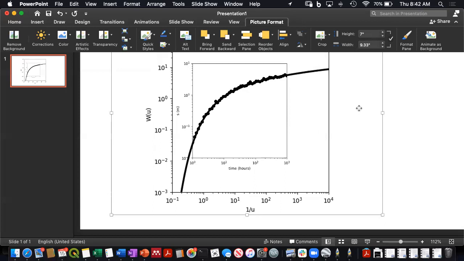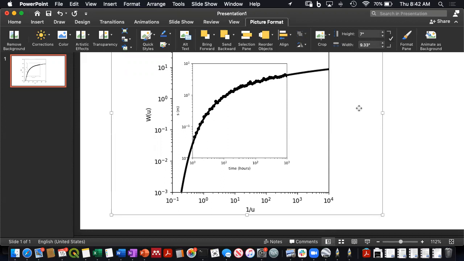Mathematically, what's happened behind the scenes is we've figured out how to map the data space to W(u) and 1 over u space. In linear algebra terms, we've figured out the mapping between these two spaces.